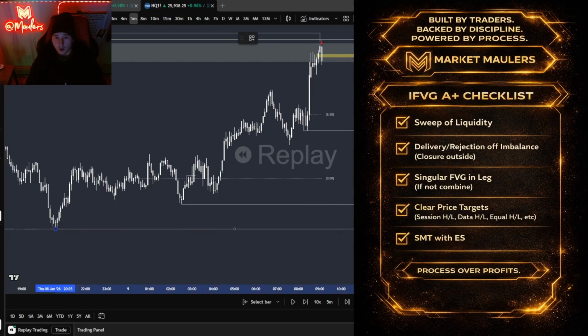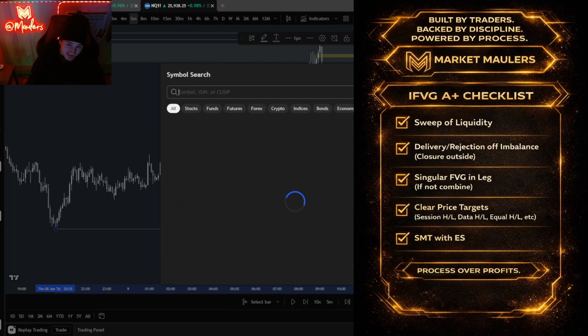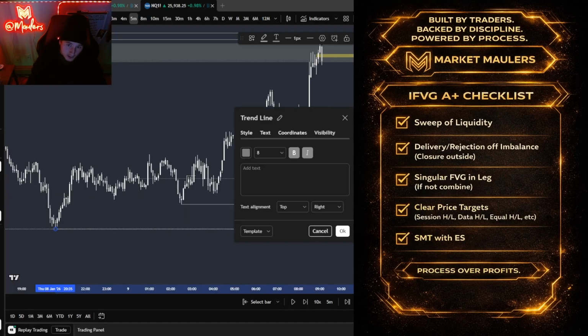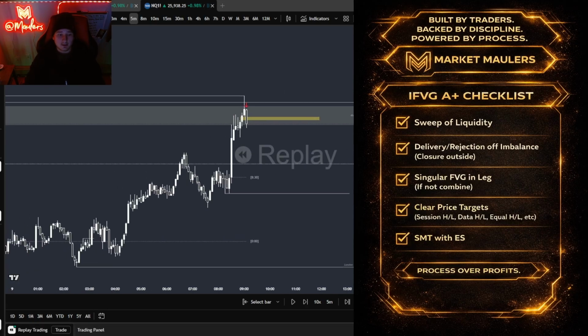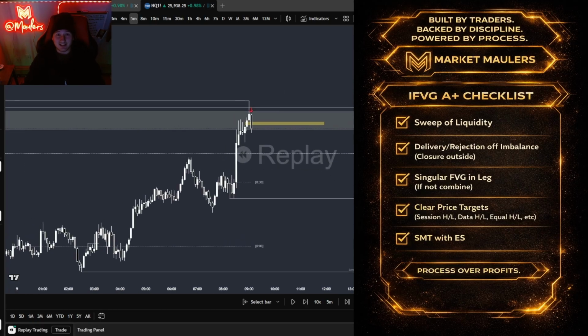So not only do we have equal lows, we have Asia and London low. So we have 4 out of 5 things we need right now. The last thing is SMT. And we have that, guys. I can tell you that much. We have SMT, so we have everything we need.